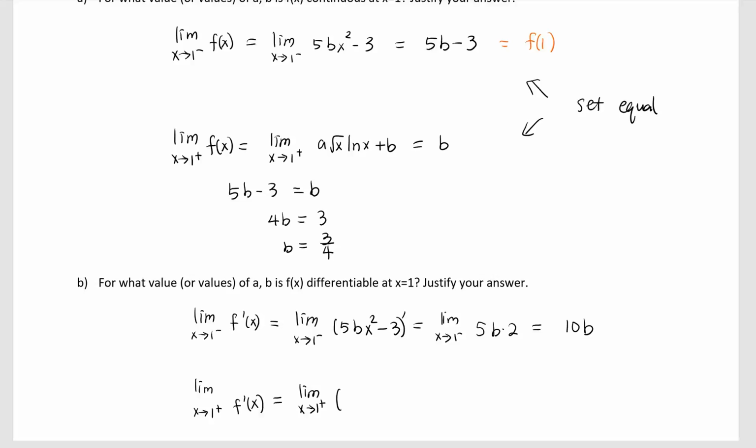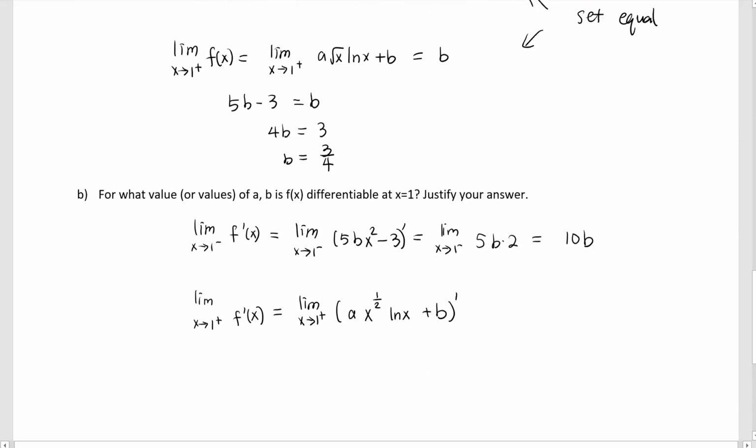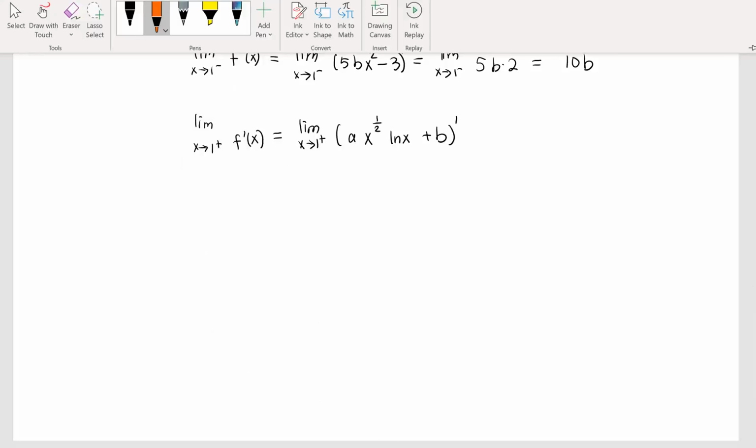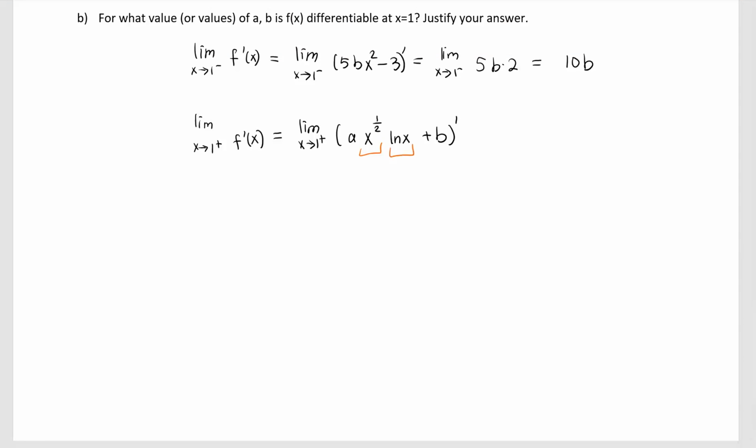How about the other side? We have a, well, square root. I know we're going to take the derivative, so I'm going to rewrite square root to be x to the 1/2. So when I take the derivative in the next step, it's more convenient. Okay, so we want to differentiate this guy. It's a product of two things. We need the product rule.